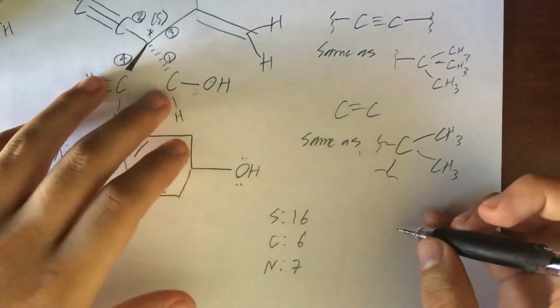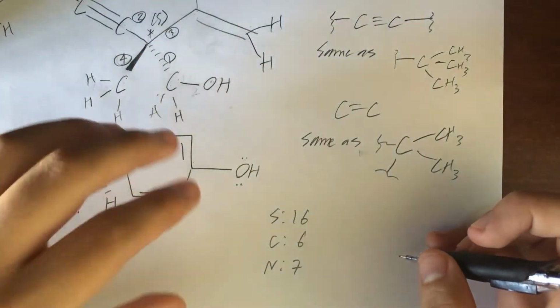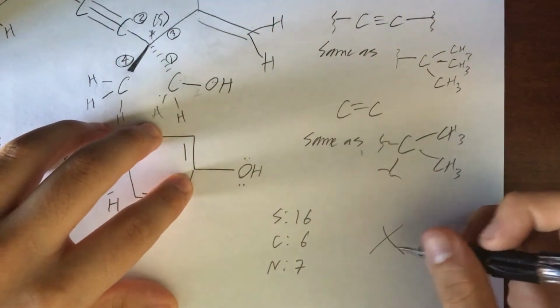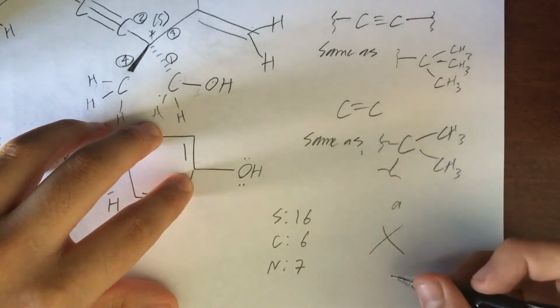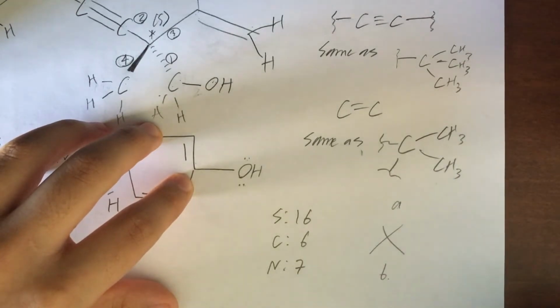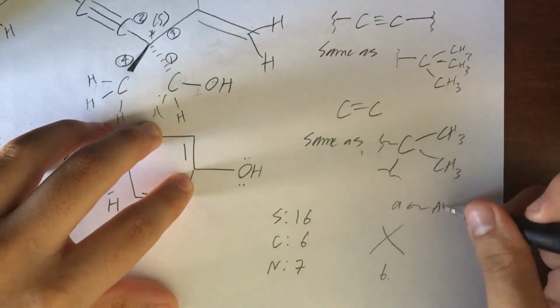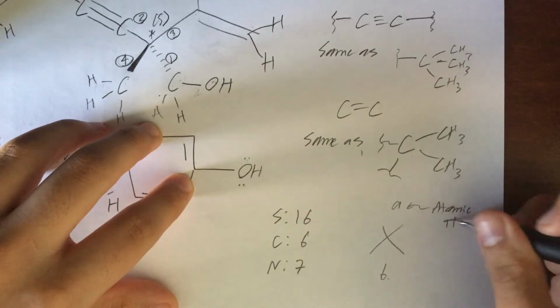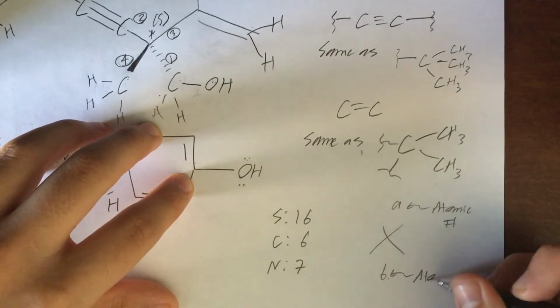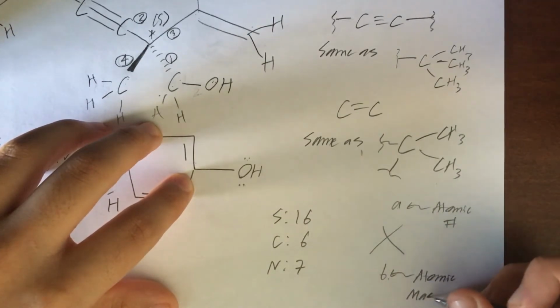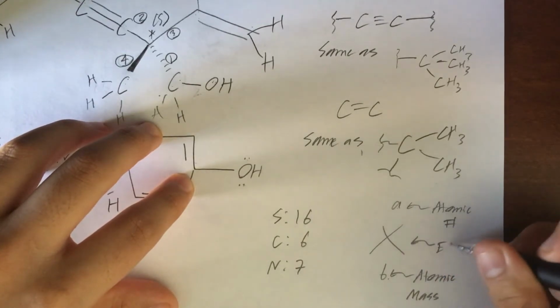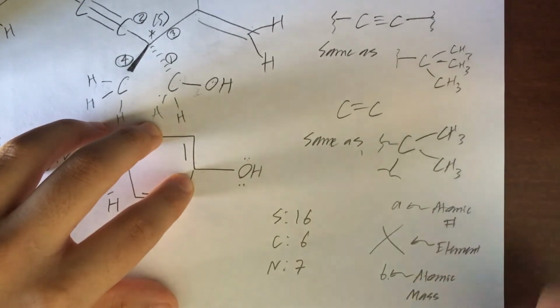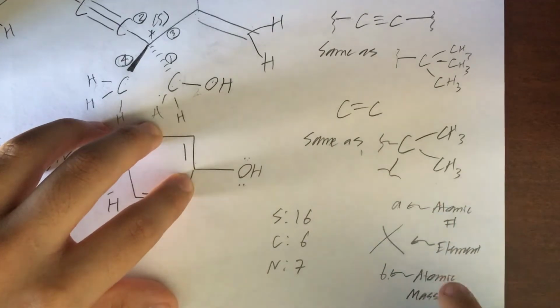So when you look at your periodic table, like I said in the first video, you have your element here. On the top, you have a number, and on the bottom, you have another number, okay? This is going to be your atomic number. This is going to be your atomic mass, and this is going to be your element. Okay, you don't care about atomic mass, only focus on the number on top.